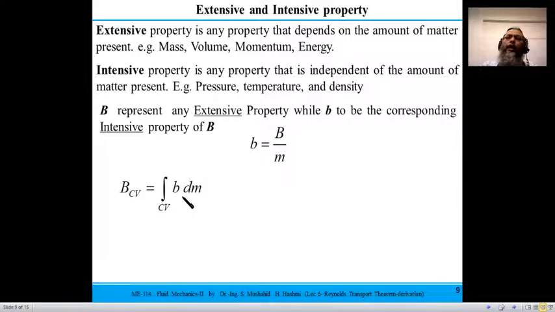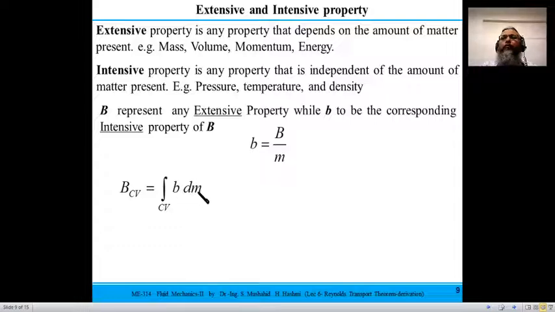If I add up all those small regions, integrating over the whole control volume, I get the extensive quantity of that control volume. It is very important to understand this expression, because b times dm is the extensive quantity of that small region of interest.